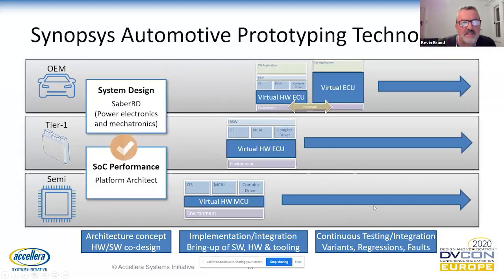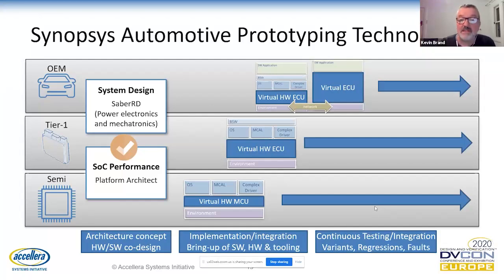Firstly, at the system and architectural concept level, what we have here is SaberRD. SaberRD is capable of model-based design. You saw this with reference to an earlier slide on abstraction. This would be the high-level abstracted system-level models for doing concept case studies, etc. But actually, SaberRD has quite a wide set of use cases.